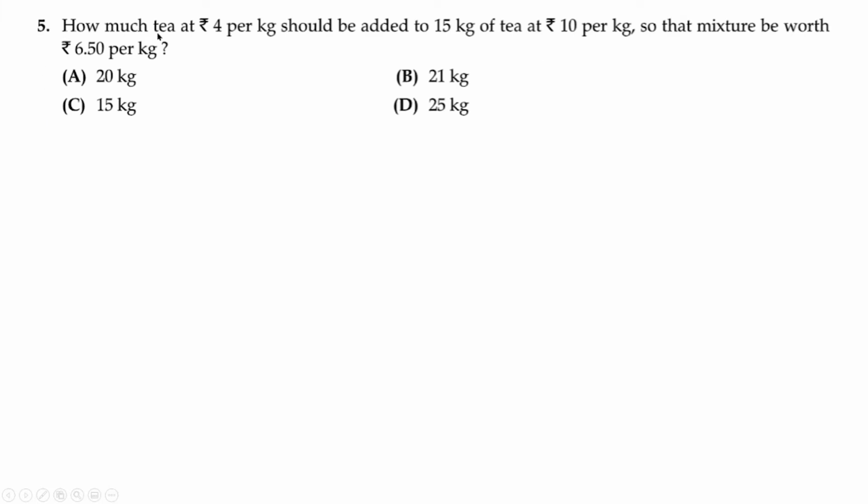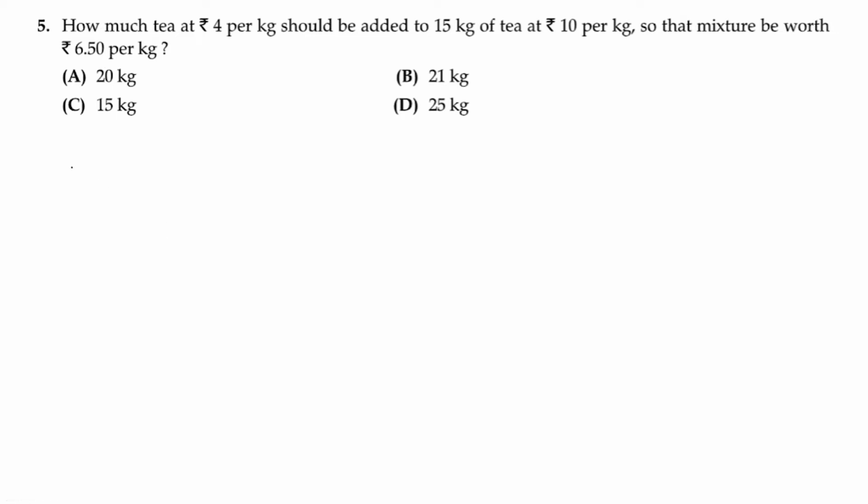Next question, how much tea at rupees 4 per kg should be added to 15 kg of tea at rupees 10 per kg, so that the mixture be worth rupees 6.5 per kg. So this is the price of the cheaper ingredient and this is the price of the costlier or the dearer ingredient. This is the mean price.